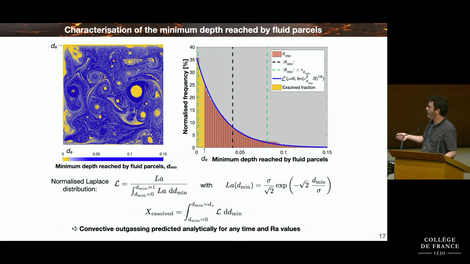We can describe this histogram as a normal Laplace distribution. No need to go into the details, but basically with this we can predict the outgassing efficiency analytically for any time and any Rayleigh number values.